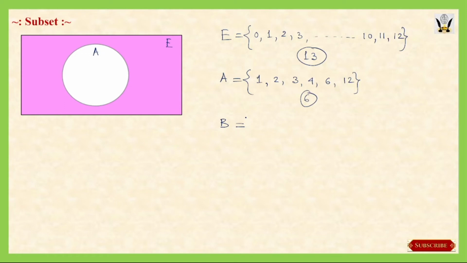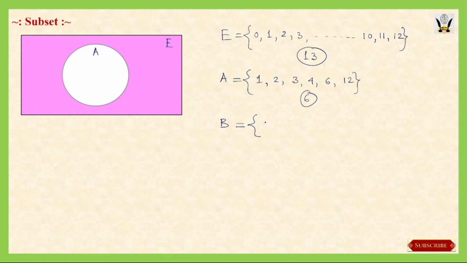Now suppose we take another set B, which has all the even factors of 12. Here we have 6 factors of 12. Among them we have 4 factors, 2, 4, 6, 12, which are even in nature, and 1 and 3, these 2 factors are odd. So from this set we are creating another set which has only the even factors of 12.